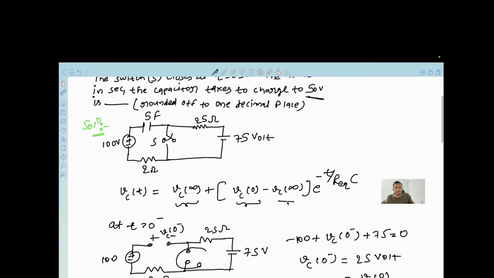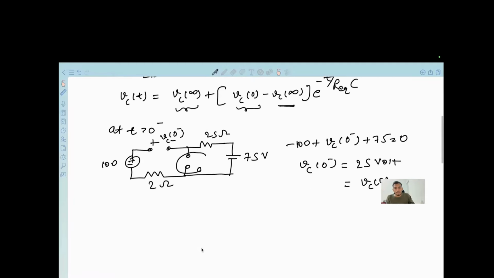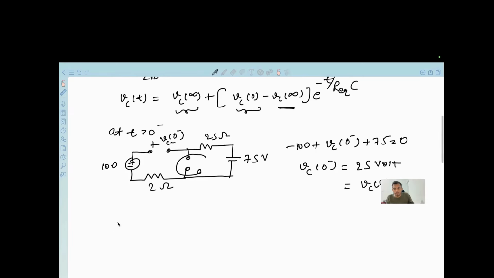Now we need to calculate the Vc infinity. Let us suppose t tends to infinity, meaning after the switch S closes. At this time also, the capacitor must be fully charged because of this 100 volt, and it will be in a steady state. In a steady state, the capacitor acts like an open circuit.